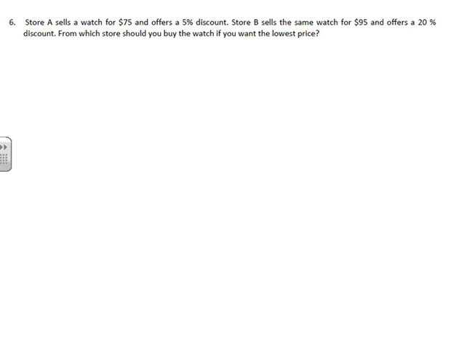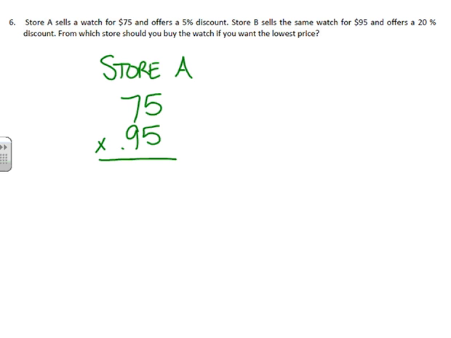So we're going to do store A. If I get a 5% discount, then that means I am going to need to pay 95% of the cost. When you multiply those, you're going to get a sale price of $71.25.